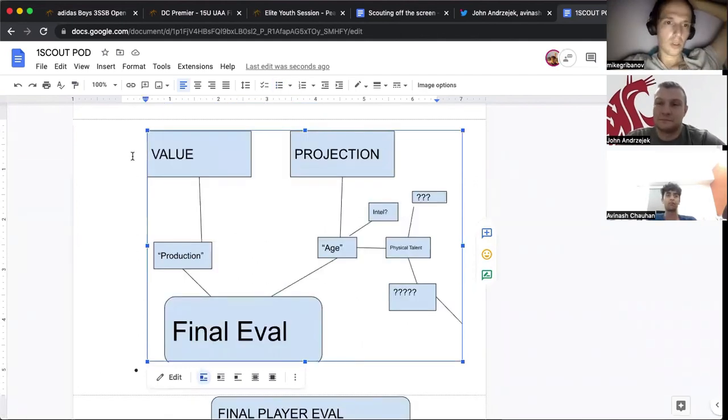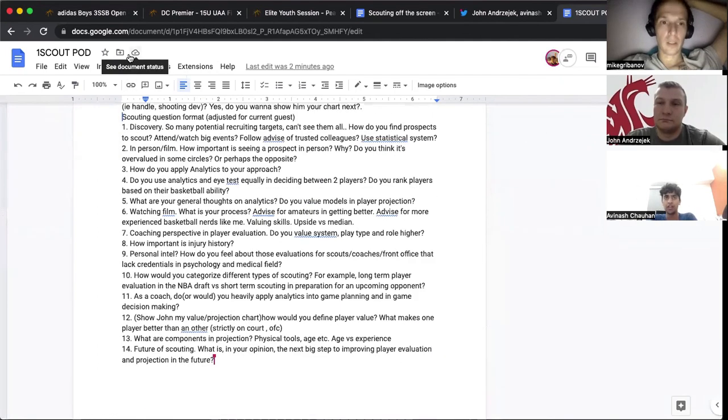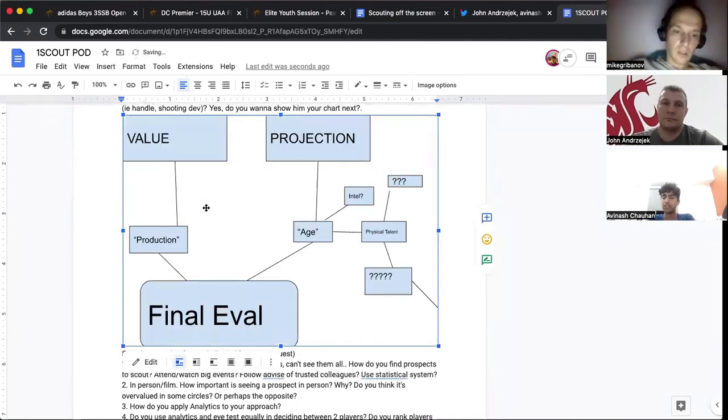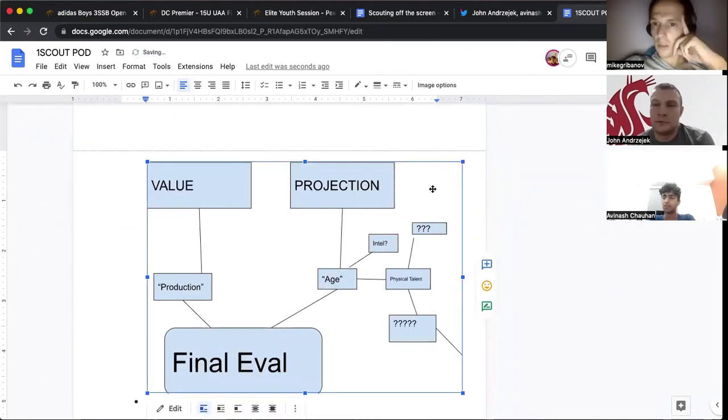A final question: what do you think the future of scouting is, the next big step to potentially improve player evaluation or even projection in the near or later future? Yeah, I think at some point all of the player tracking data is going to make its way down to the college level. It's starting now, actually.